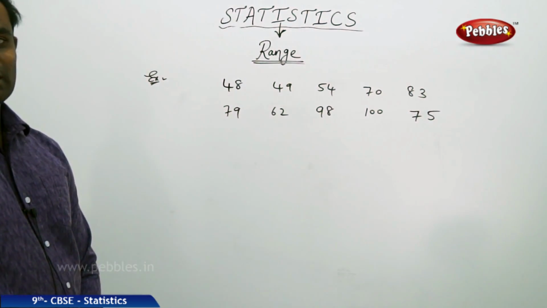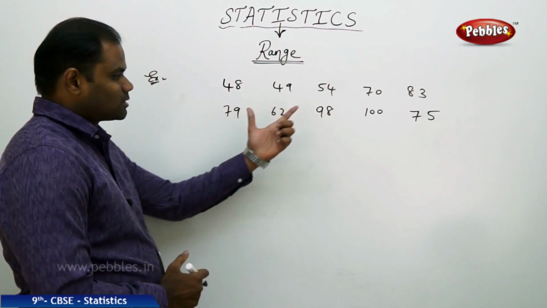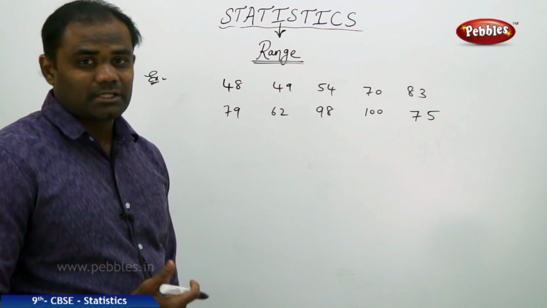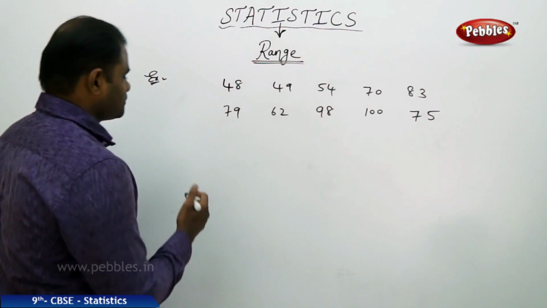Now clearly I have the marks of 10 students in the class with all the marks listed here, which is the raw data. Let's understand what is the range.